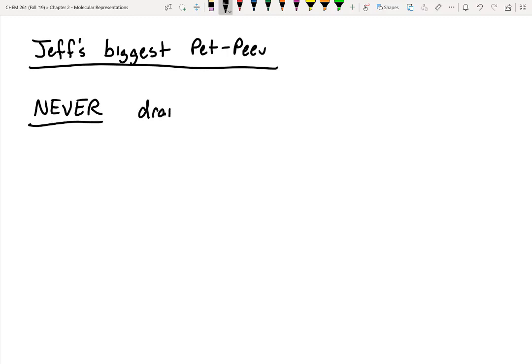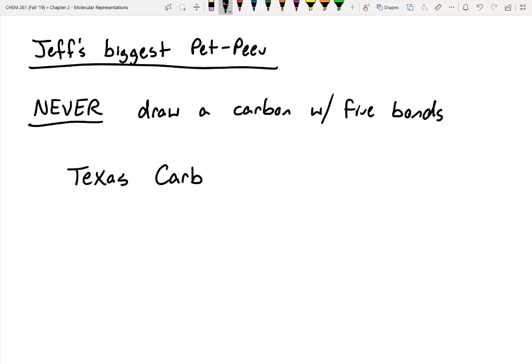Never draw a carbon with 5 bonds. Nothing crushes the soul of an organic chemistry teacher more than seeing this. Does anybody know what we call it in the chemistry world? Texas carbon. Because everything's bigger in Texas.